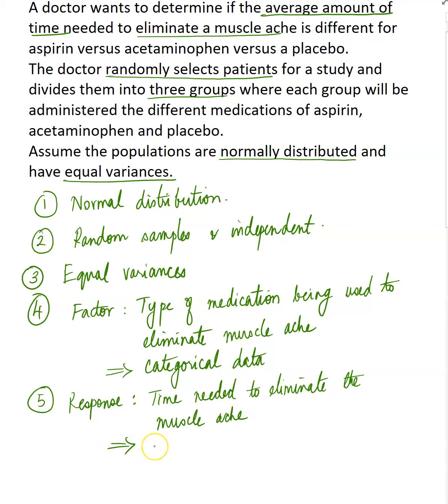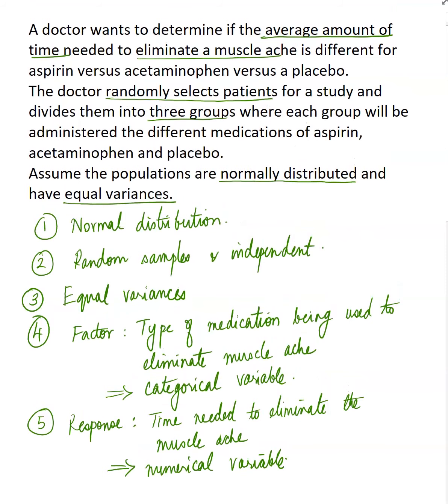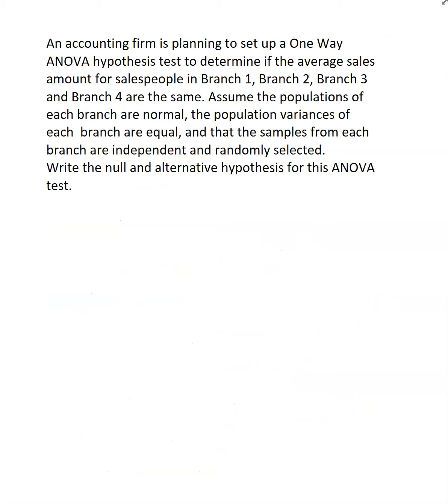So that will be a numerical variable. Here I said categorical data. That should be a categorical variable. Alright, so we got all those 5 conditions. Because the 5 conditions are satisfied, we can go ahead and use ANOVA testing of hypothesis to work on this problem. But for now, the question just wants to determine if this can be done, and for that we tested the 5 conditions.